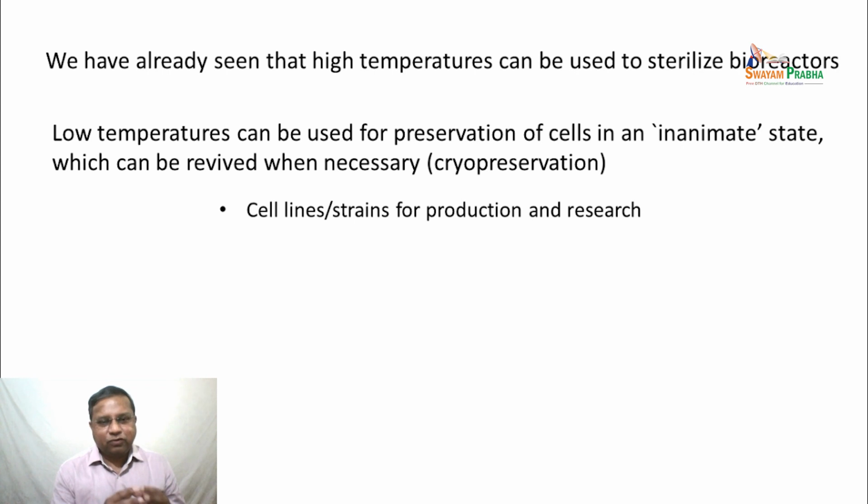Low temperature is used for maintaining those cells in an inanimate state, and when needed they can be revived for production, as well as for research. A lot of research depends on the availability of cell lines at a certain state. Right? In fact, that becomes very crucial for even maintaining the research in some labs.